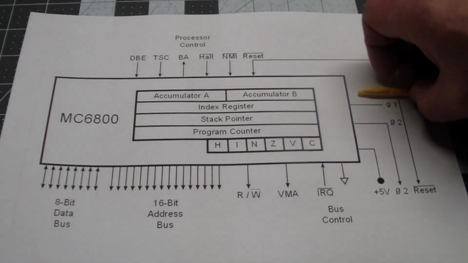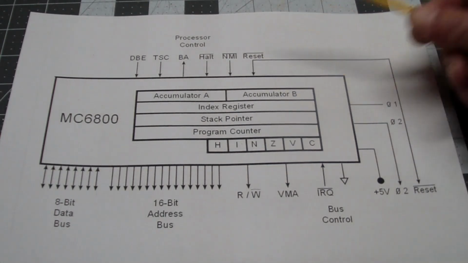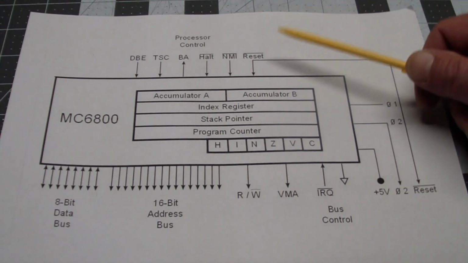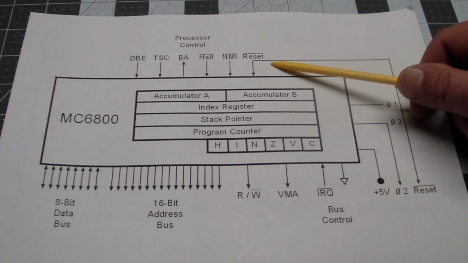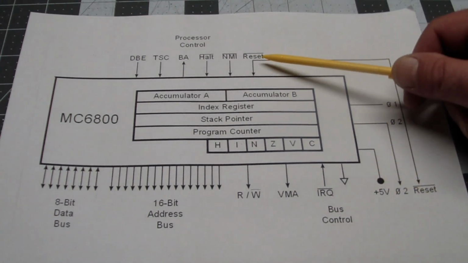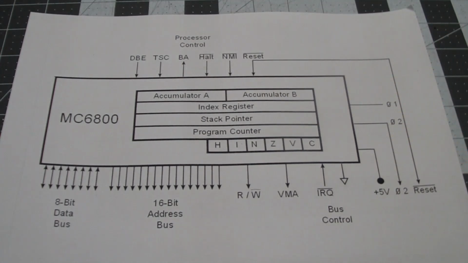Next we have the reset signal. It's active low, and the way it should work is when you're first applying power to the processor, you need to wait until the power stabilizes. So reset should stay low for a few cycles of the clock till the power stabilizes, then you let it come back up, and then the processor actually starts running.